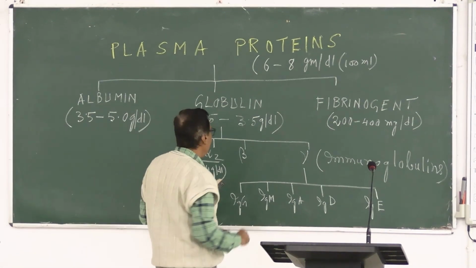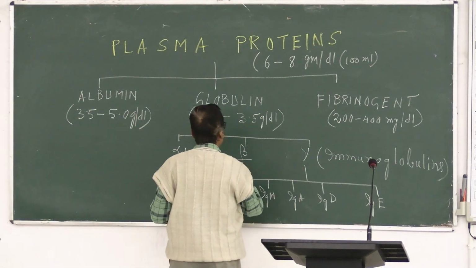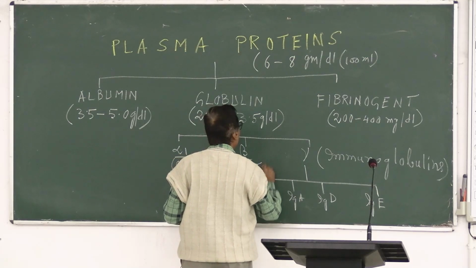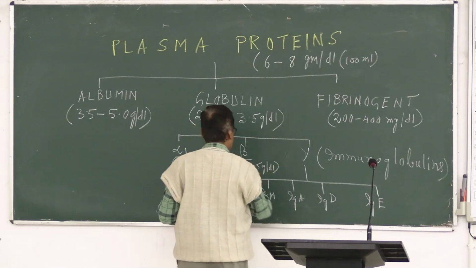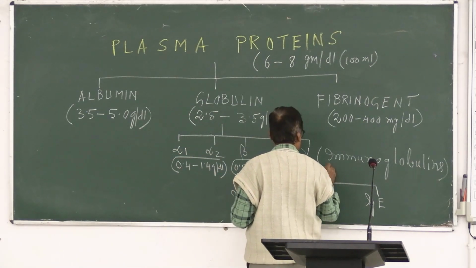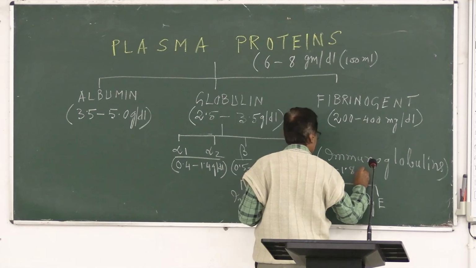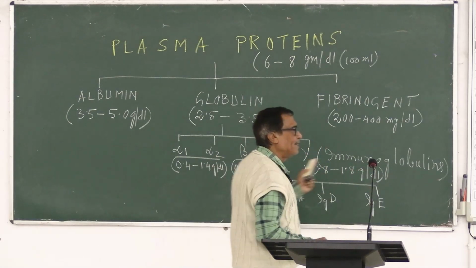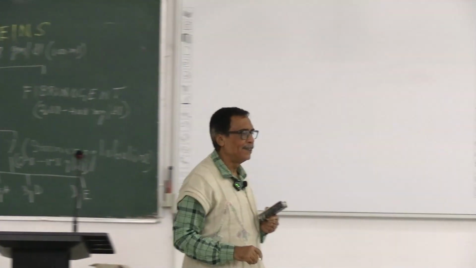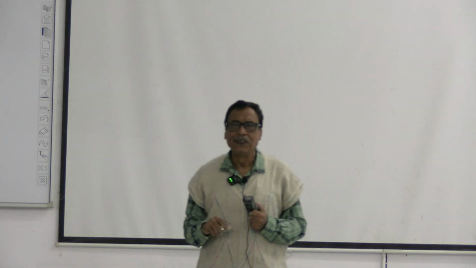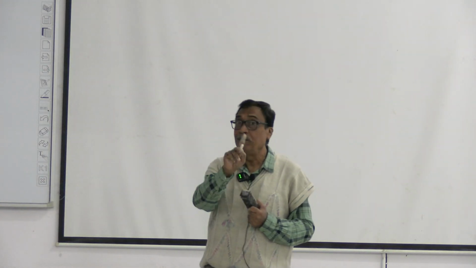Beta is 0.5 to 1.5 gram per dl, and gamma is the greatest portion, 0.8 to 1.8 gram per dl. These are the concentrations of the various proteins in the plasma. Total concentration is 6 to 8 gram per dl, not milligram.